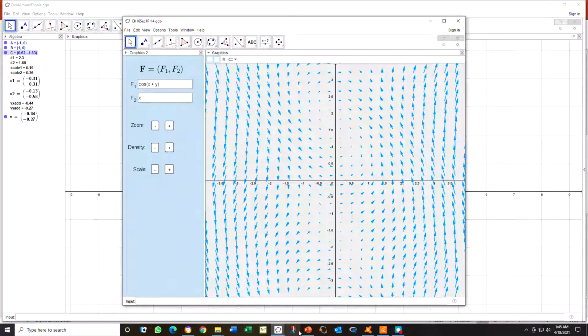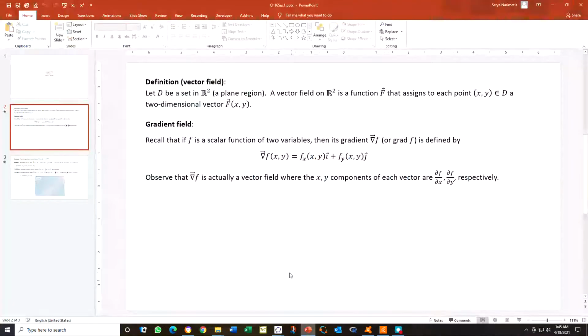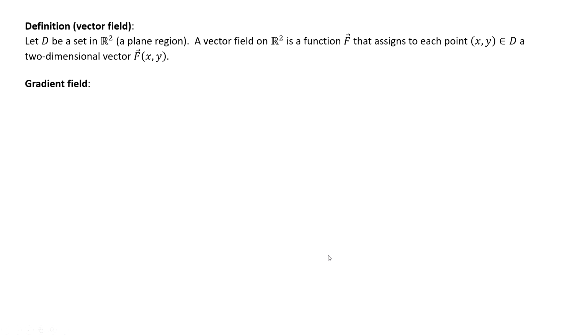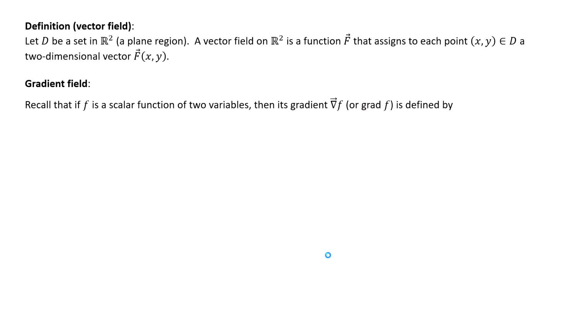And with that, let me go back to this. Yeah, there's one more concept I need to cover, which is what's called a gradient field. Gradient, you remember we actually talked about this earlier as well. If f is a scalar function of two variables, then its gradient is given by del f, right?